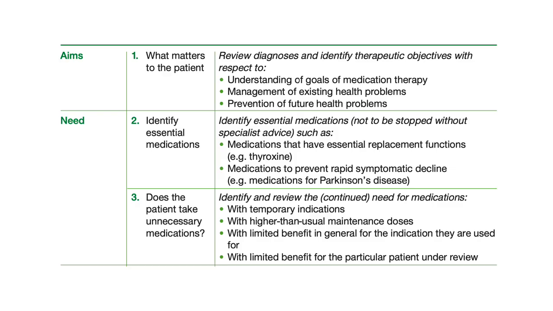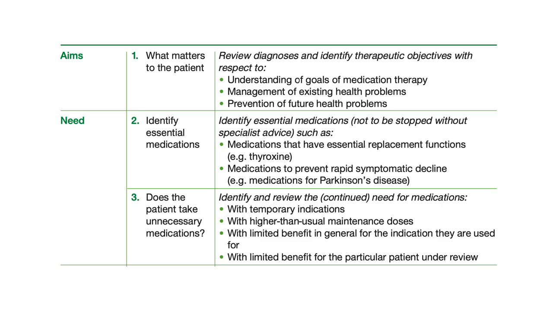A structured tool to utilize for medication review: set the aim, what matters to the patient, review diagnosis and identify therapeutic objectives, understanding the goal of medication therapy, management of existing health conditions, and prevention of future health problems.